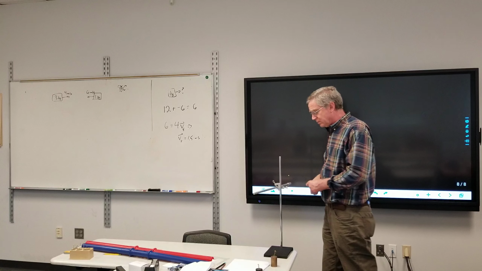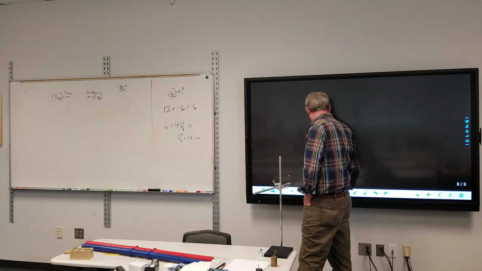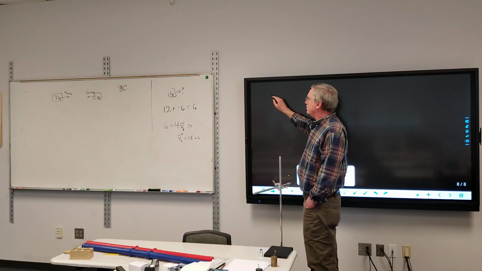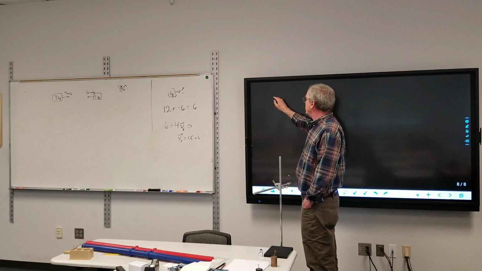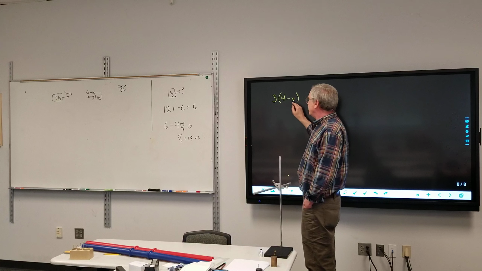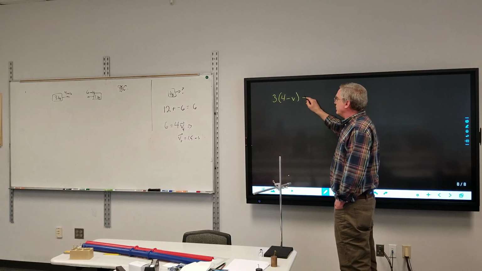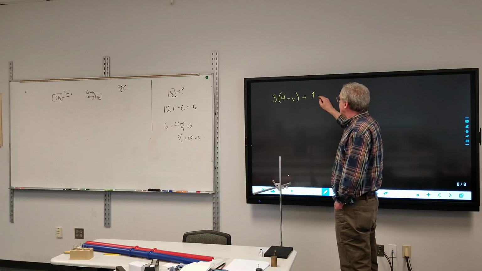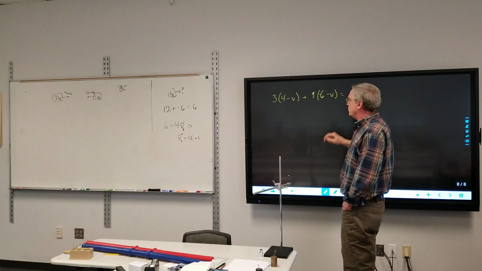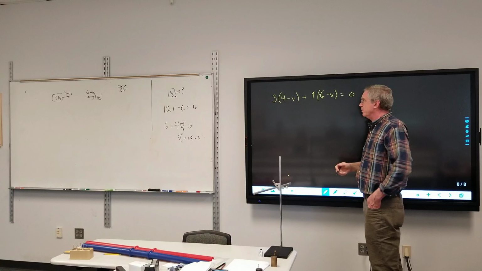Alternatively, doing the exact same problem, to find the zero momentum frame, I do 3 times 4 minus v, where v is how much I'm going to shift everything, plus 1 times negative 6 minus v is equal to 0. So basically doing mass times velocity after I shifted into the zero momentum frame.